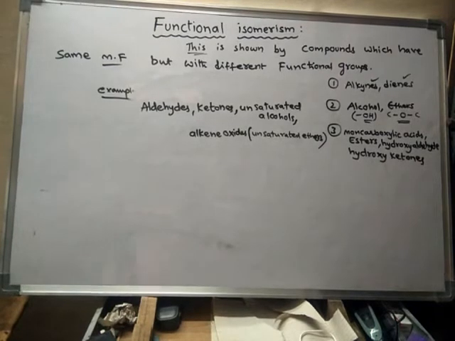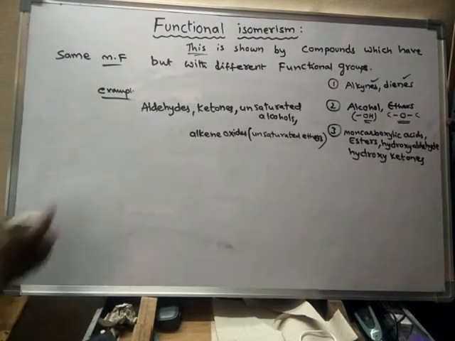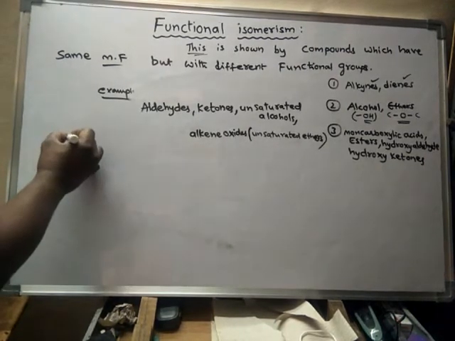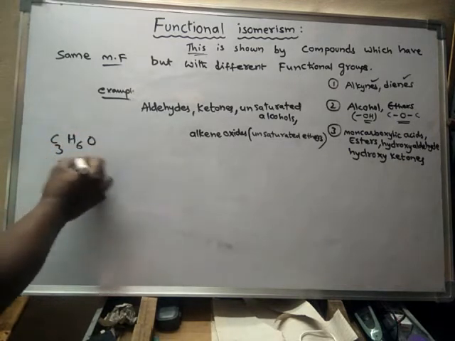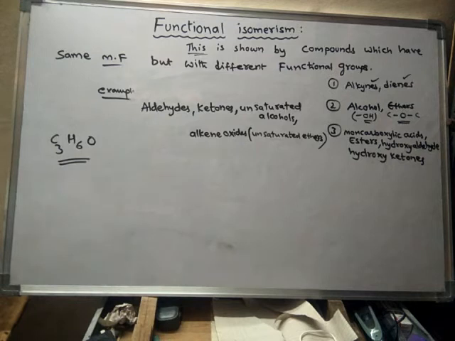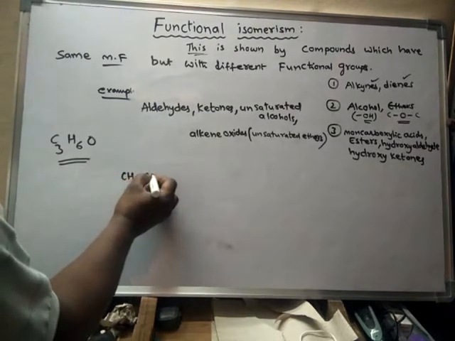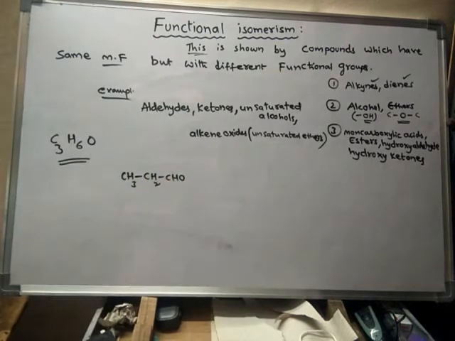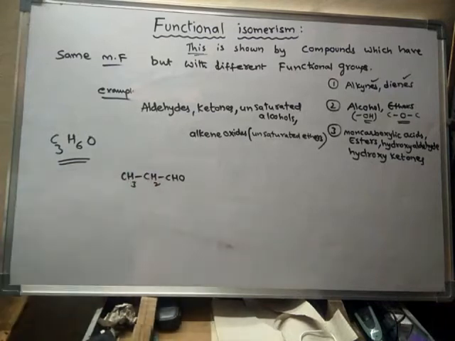Let us take an example. Suppose we consider this molecular formula, C3H6O. With this molecular formula, I'll write an aldehyde: CH3 CH2 CHO, aldehyde, C3H6 with one oxygen.